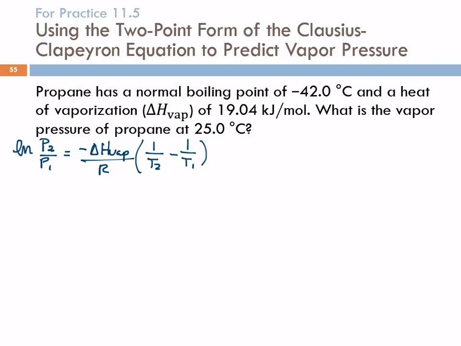So we want the vapor pressure at 25 degrees. So let's call that P2, just because I think it's going to be easier to solve for P2 instead of P1. That's not P2, that's temperature 2, and that's going to equal 298 Kelvin.